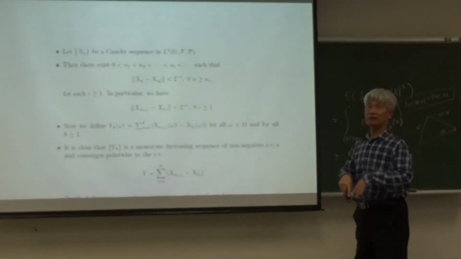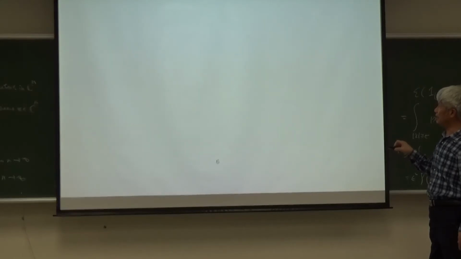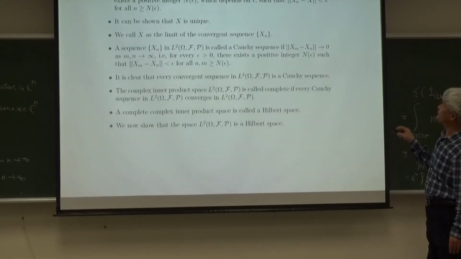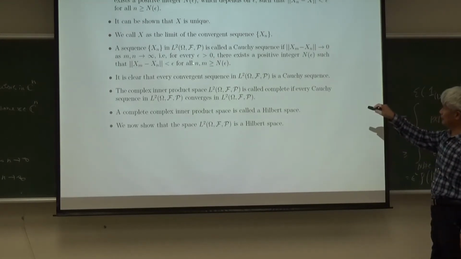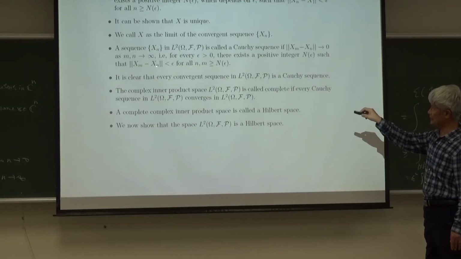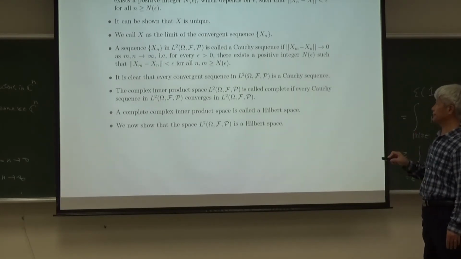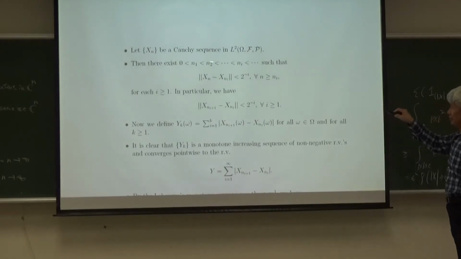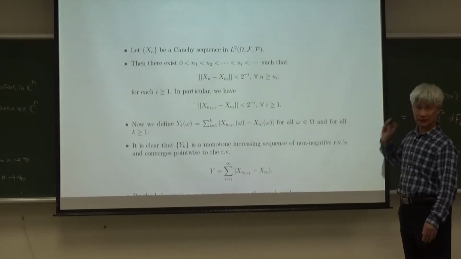For i bigger, 2 to the minus i is very small because it is exponentially decaying. But we can always find a number such that if n and m are bigger than this number, the distance between x_n and x_m is less than this epsilon. So we can construct one by one: first select n_1 and then n_2, etc.